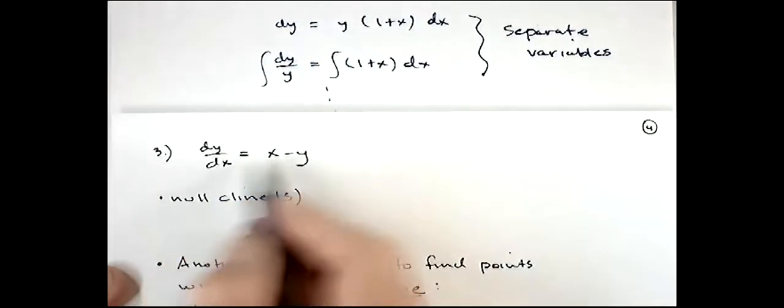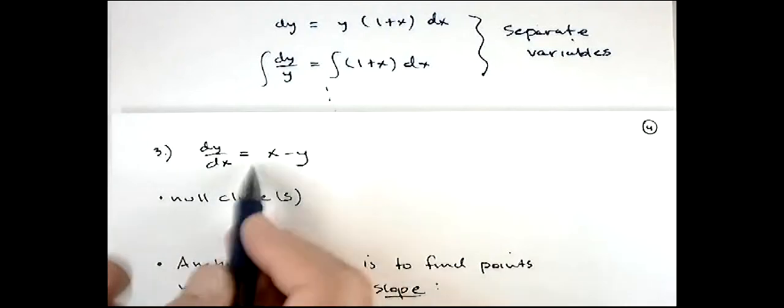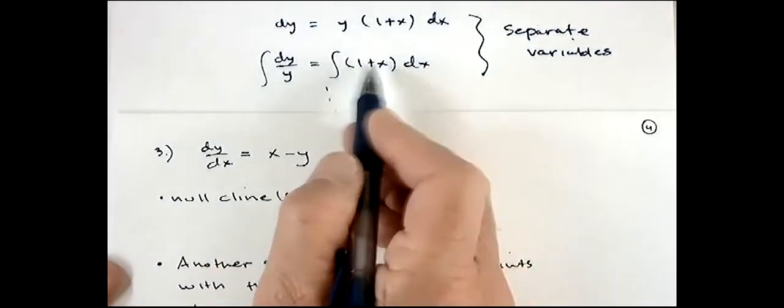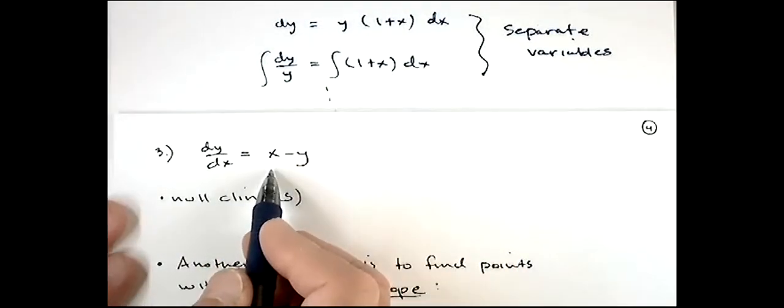For dy dx equals x minus y. By the way, since I just asked how to solve this one, how would you solve this one? Is this one separable?